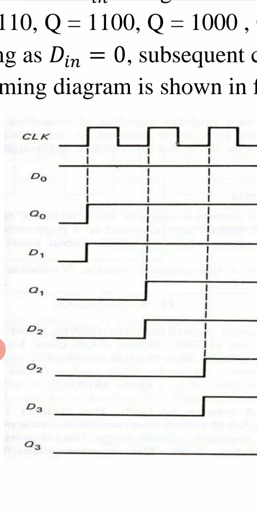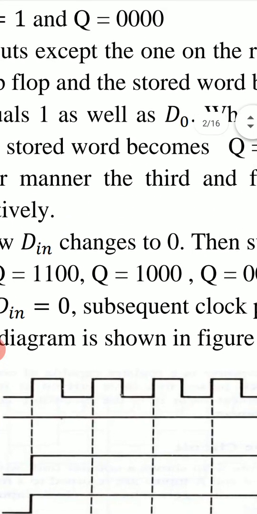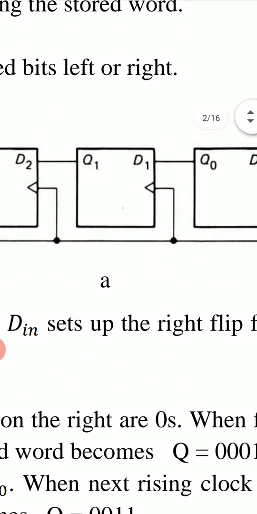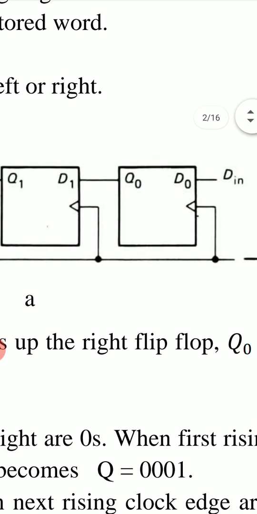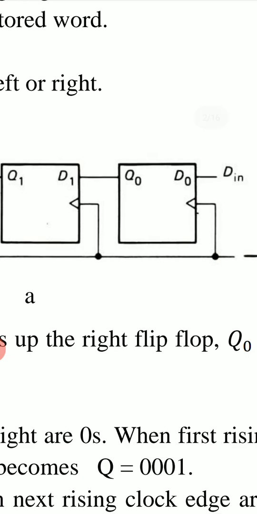Now D1 is equal to Q0. So when Q0 becomes 1, D1 also becomes 1. See this diagram. D1 is equal to Q0 because the output of this flip-flop is connected to the input of the next flip-flop.